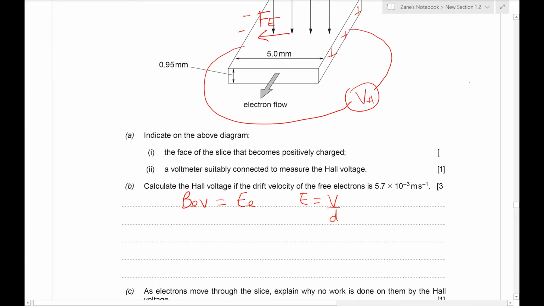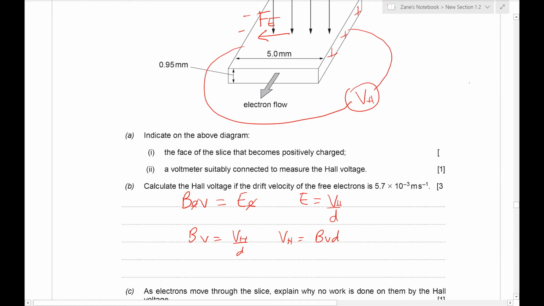The field strength between a pair of plates, like a capacitor, is the potential difference between the plates divided by their separation, and the potential difference between the plates is V_H. If we put everything together, first let's cancel an e. We'd have BV equals V_H over d, leading to the Hall voltage V_H being BVd.